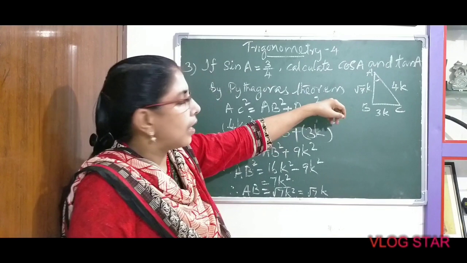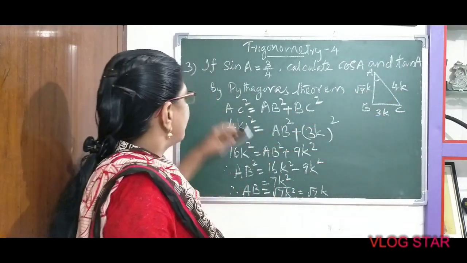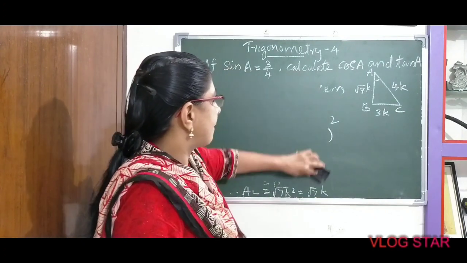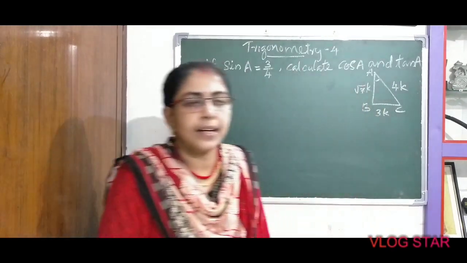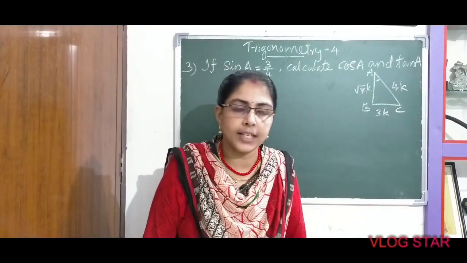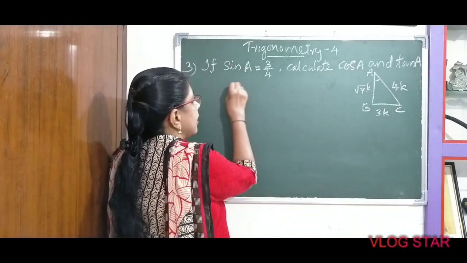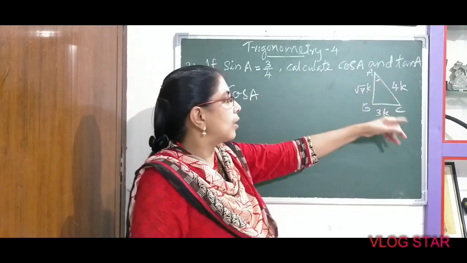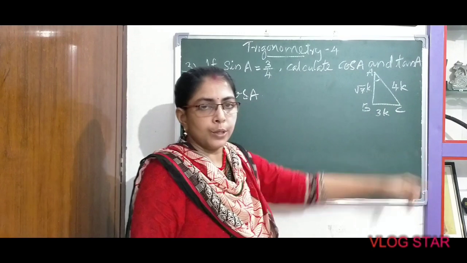Next, we have to find cos A and tan A. We know that cos of an angle is the side adjacent to that angle upon hypotenuse. Here cos A, according to this acute angle, is the side adjacent to angle A upon hypotenuse.